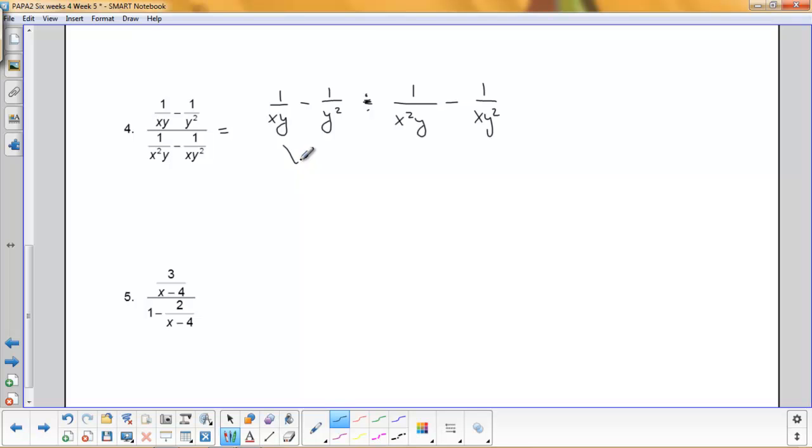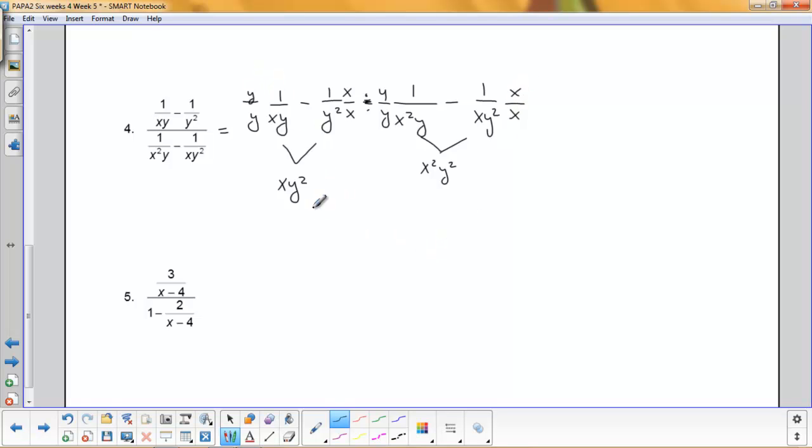Alright, the common denominator is going to be x y squared here, so I need another y, and on this side I need the x. The common denominator here is going to be x squared y squared, so in this one I still need the y, and on this one I still need the x.